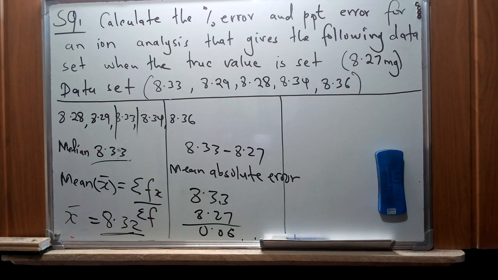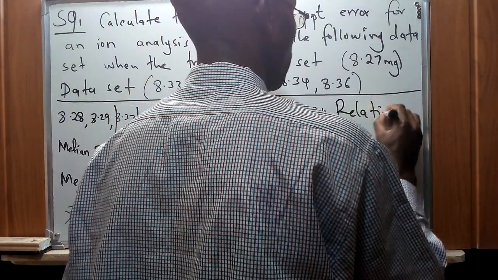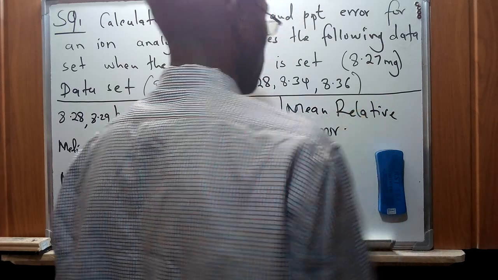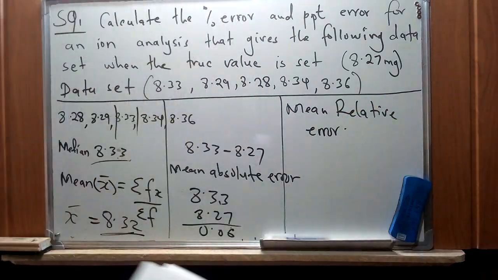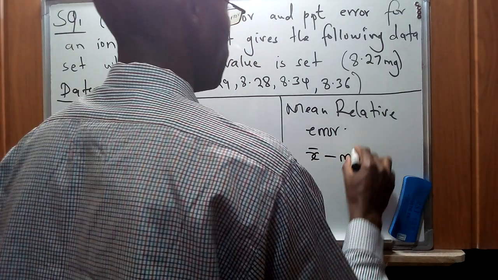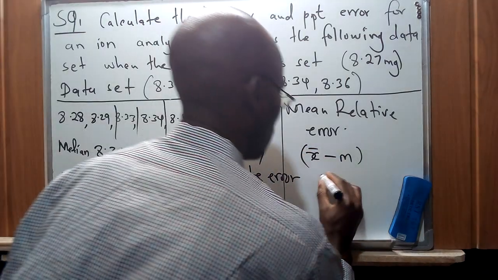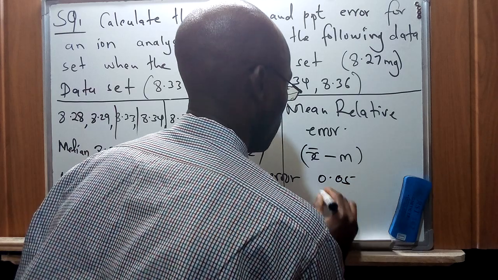The mean relative error is going to be the difference between this mean and the true value that we had written in one of the equations. So it's going to give us 0.05.